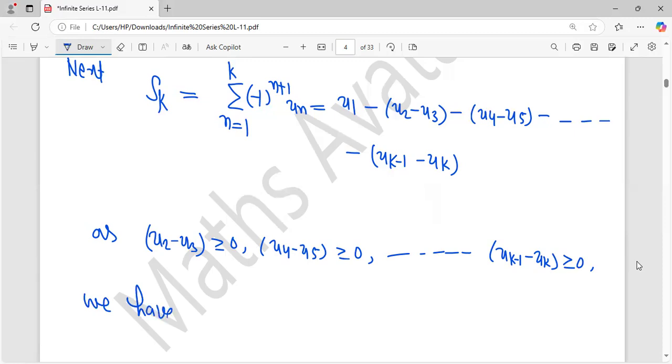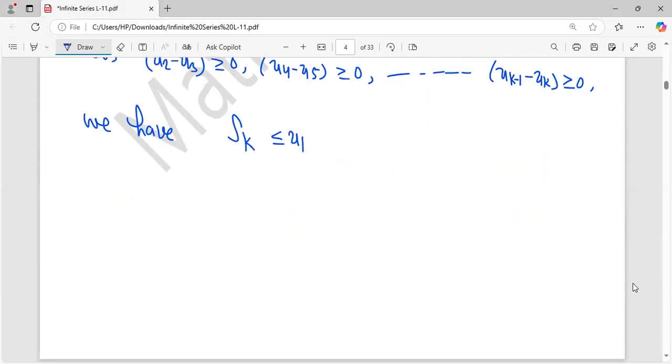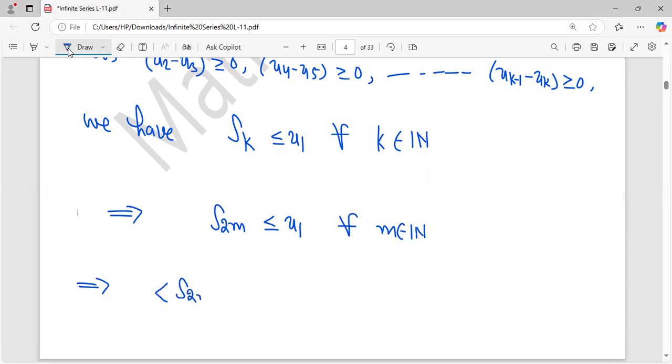We have S_k is less than u_1 for all k belongs to N. So therefore this implies S_2m is also less than u_1 for all m belongs to N. So this implies this sequence is bounded above by u_1.